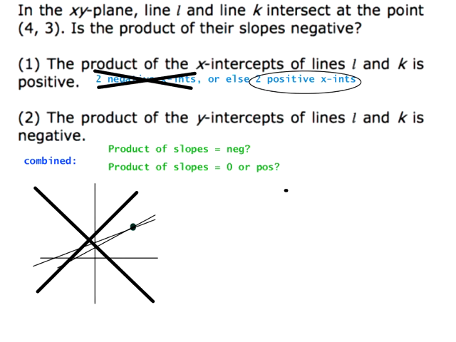Well, let's try that. So the product of the x-intercepts is positive is only going to mean that we have two positive intercepts. And the product of the y-intercepts is negative. So you got to have somebody hit down here. So you got to have that.